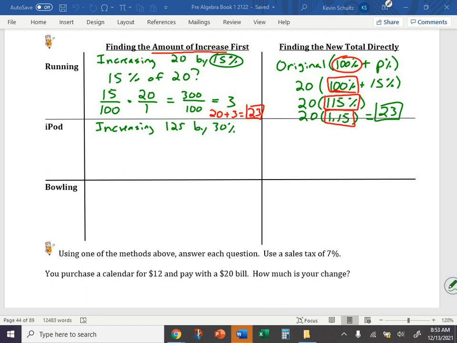What method do you want to use for this one? Fractions, 10 percentages, 10%, or the multiplication method? Multiplication method. So we essentially want 30% of 125. That's what we're looking for here.